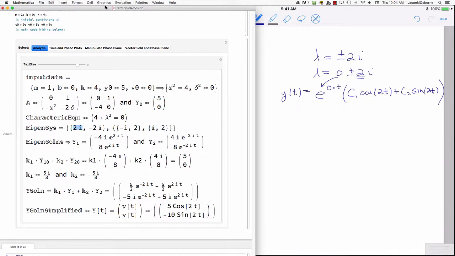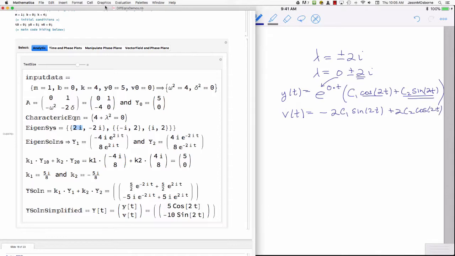Okay. And now if you proceed with finding v of t, right? You could take the derivative to get the derivative of cosine is negative sine, so negative 2c1 sine of 2t, and c2, the derivative would give you plus 2c2 cosine of 2t.